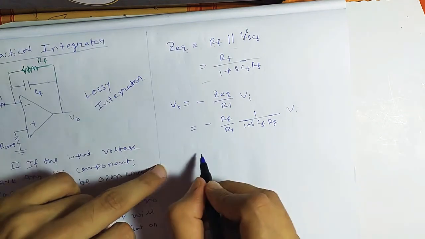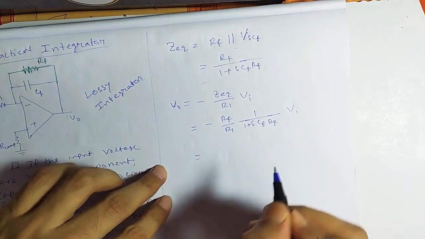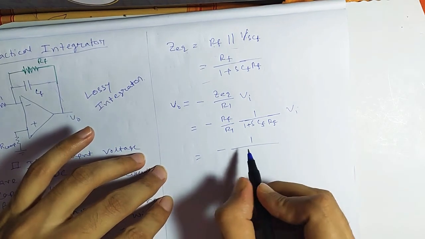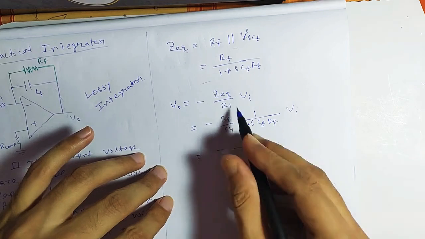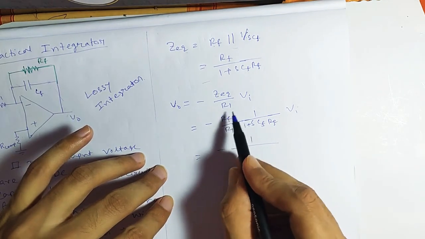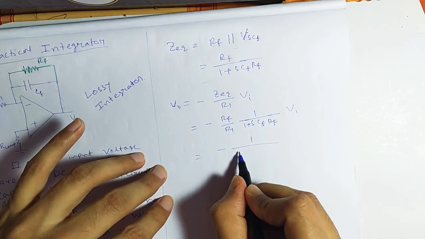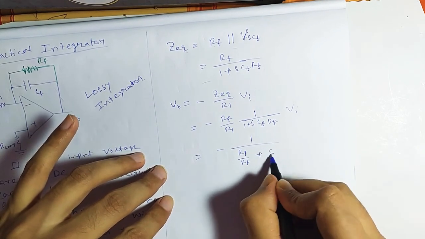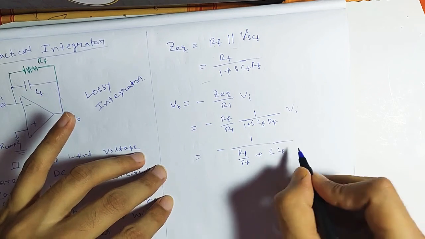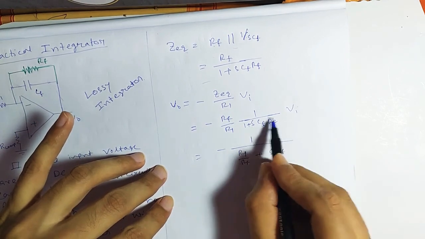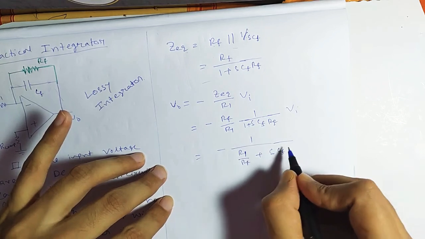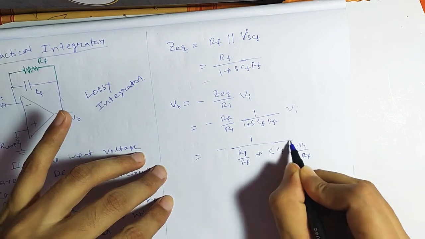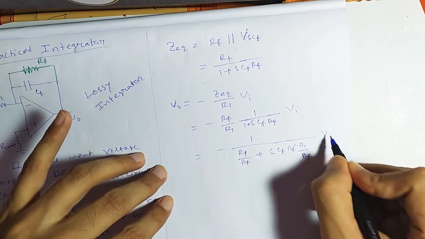Or you can write it as minus 1 by, multiplying both sides by R1 by RF, so it will be R1 by RF plus SCF. If we multiply this part R1 by RF, it will be RF into R1 by RF, Vi.